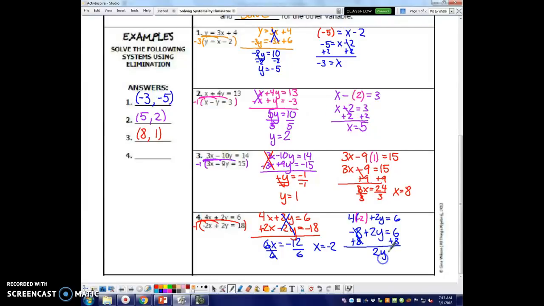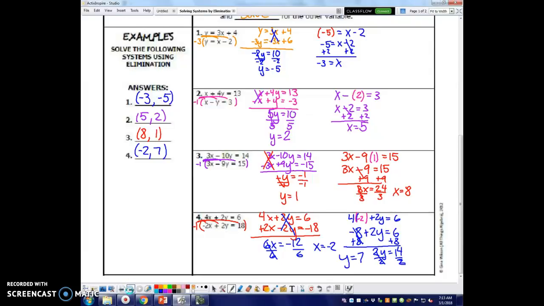So we have 2y equals, what is 6 plus 8? 14. Divide by 2. And y equals 7. Put your x first. Negative 2, 7.